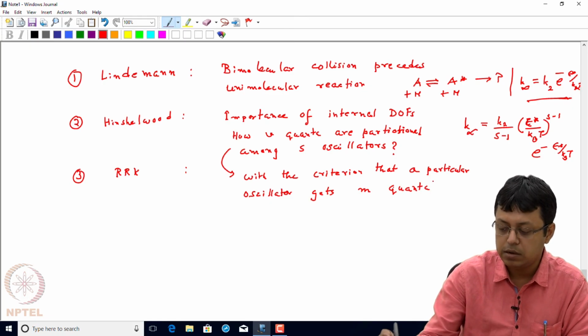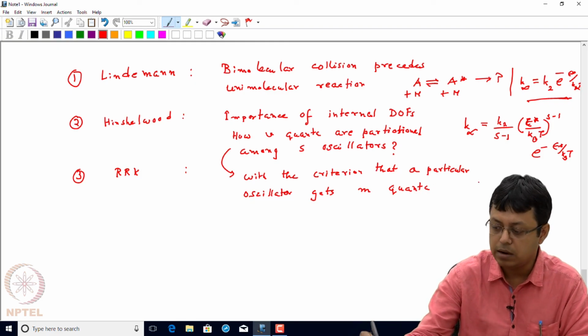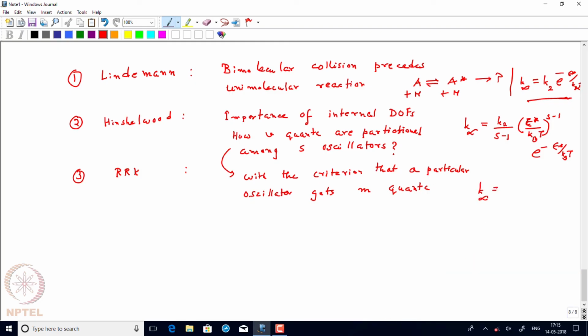This particular oscillator has a frequency nu dagger, and they got a unimolecular reaction rate, which is very interesting: the frequency of that particular oscillator times e to the power minus E star by kBT. Now in the Eyring equation, you remember that we took nu dagger, but it eventually cancelled out, so you do not need to explicitly use nu dagger in your calculation.